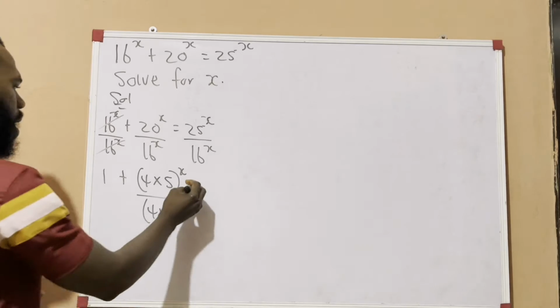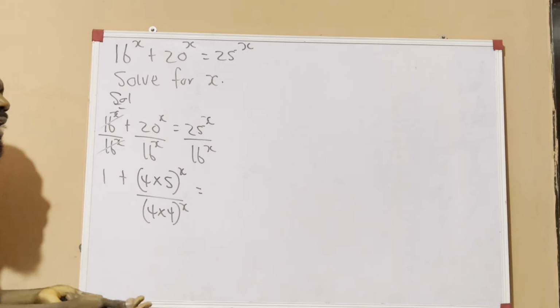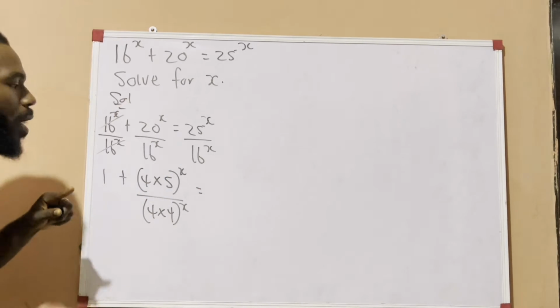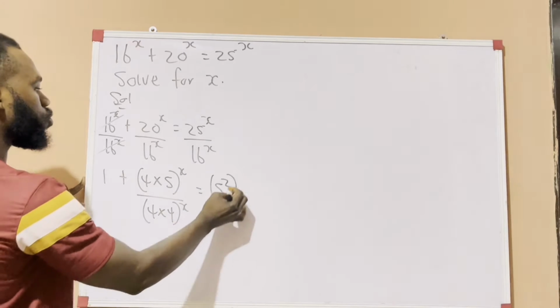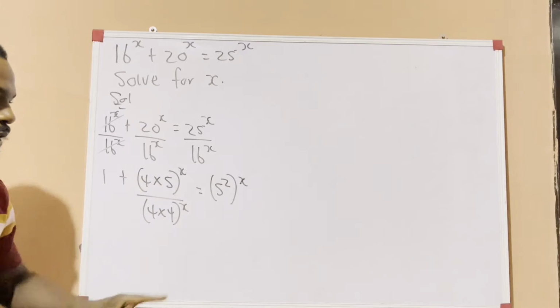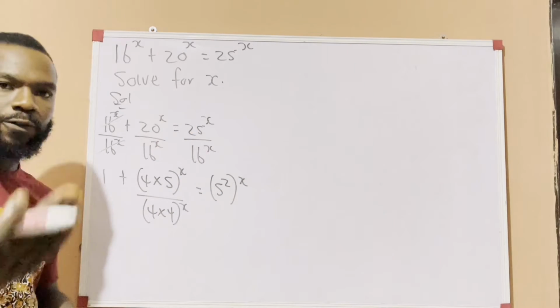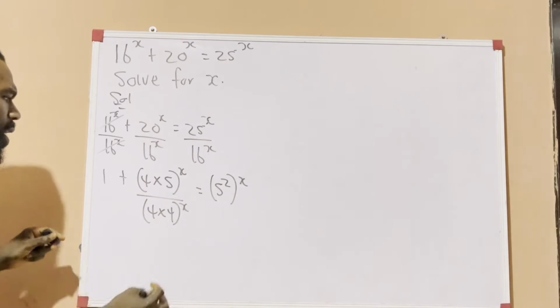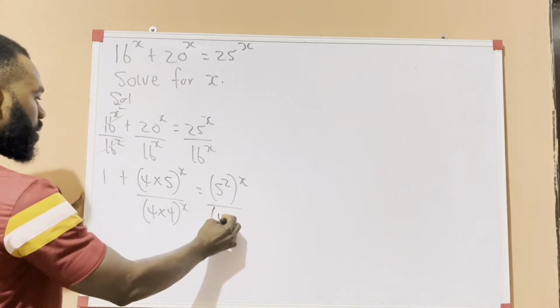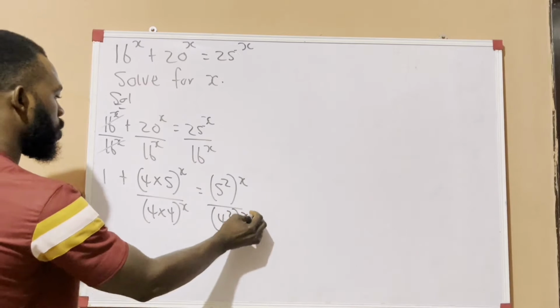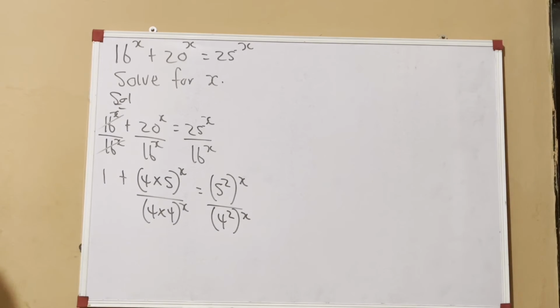Equal to, here I can say 25 raised to the power of x can be written as 5 raised to the power of 2, raised to the power of x, because 5 raised to the power of 2 means 5 times 5, which is 25. And here I can say 16 raised to the power of x can also be written as 4 raised to the power of 2, raised to the power of x.